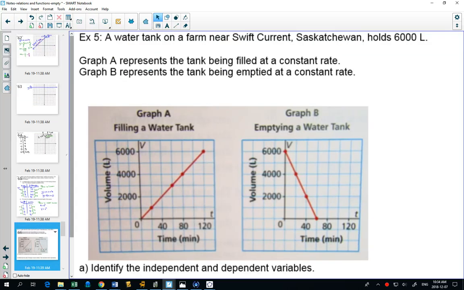A water tank on a farm near Swift Current, that's important, we need to know where this water tank is, holds 6,000 liters. Graph A represents the tank being filled at a constant rate. Graph B represents the tank being emptied at a constant rate.